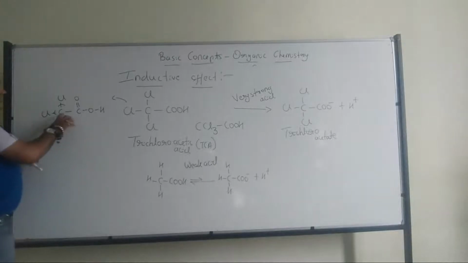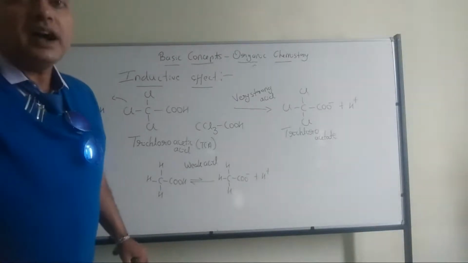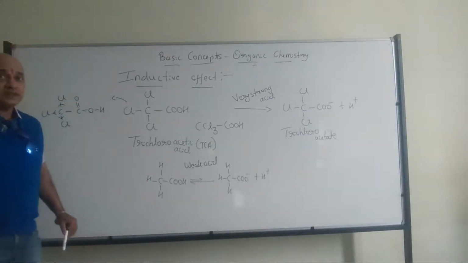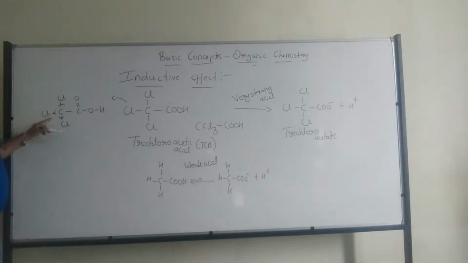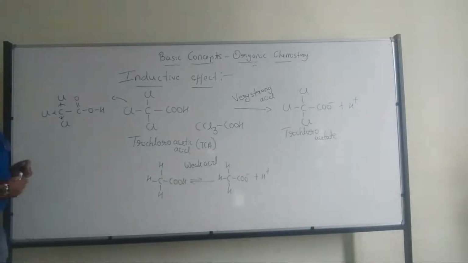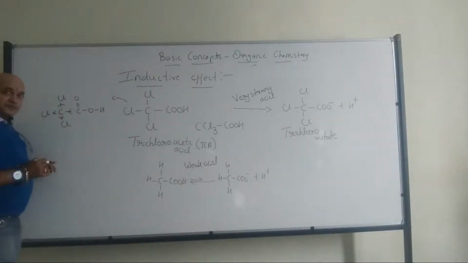So due to that, it will approach the neighboring carbon: my dear friend, my electron has been pulled by these three chlorines. These three idiots are pulling electron away from me. Please help me out. So therefore, it will start pulling the electron towards itself.